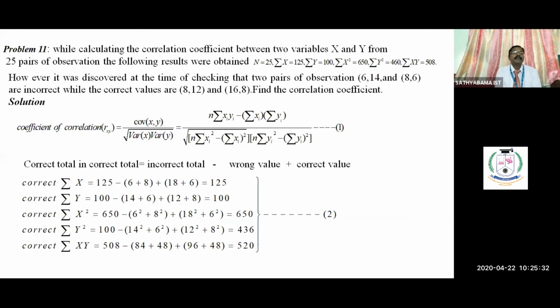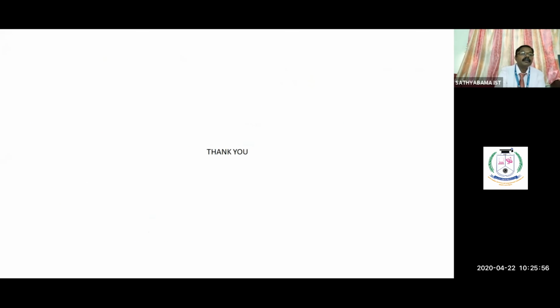Then we discussed the next part, multiple correlation, how to calculate multiple correlation using the correlation coefficient. And the last part, you have seen multiple regression. We have studied y on x and x on y. Now we are studying z on x and y. Okay. Thank you. These are the topics we have studied.